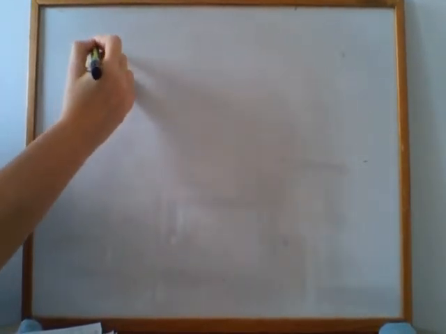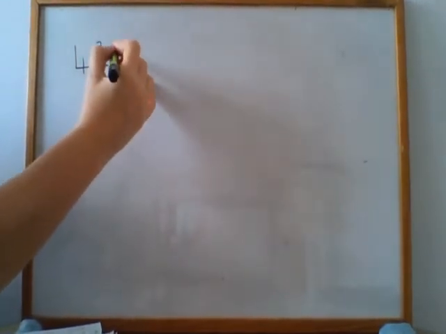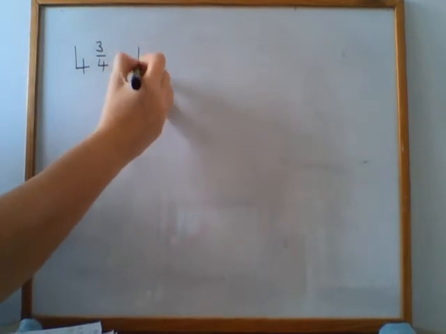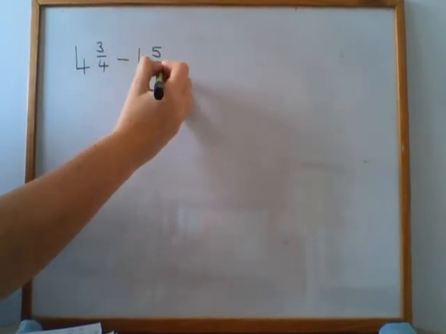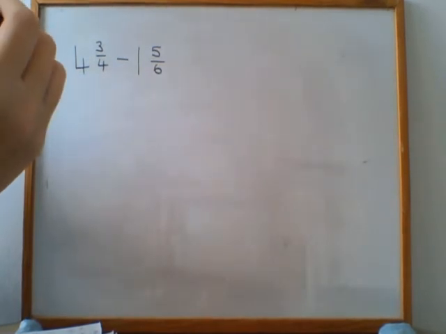Number 6 is mixed numbers and fractions. So we've got 4 and 3/4, well, it's actually taking away, not adding up. Take away 1 and 5/6. With these, I would suggest that you change them to improper fractions first.